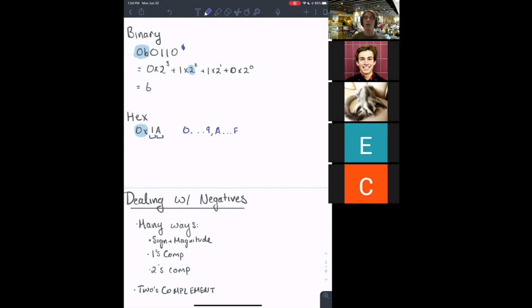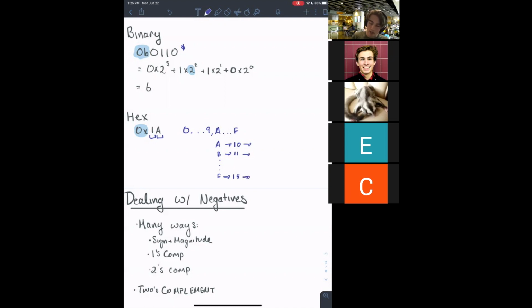Something that as you work through homeworks and discussion worksheets and exam studying you want to get familiar with is thinking about A as 10, B as 11, so on through F as 15, and what these values look like in binary, right?